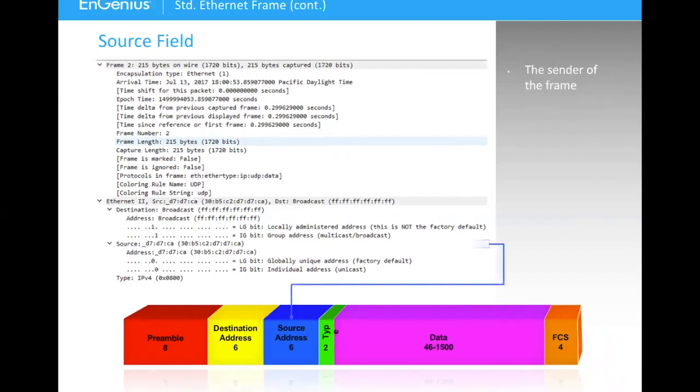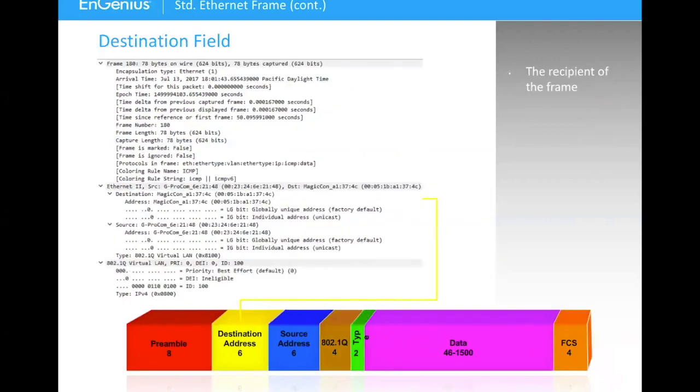Okay, so the basic frame structure is we have the sender of the frame. In this case, it is the MAC address 30 Bravo 5 Charlie 2 Delta 7 Charlie Alpha. That is the sender of this particular frame. Now, it's got to be sent somewhere, so it's got to go to a destination, which is the recipient of the frame.